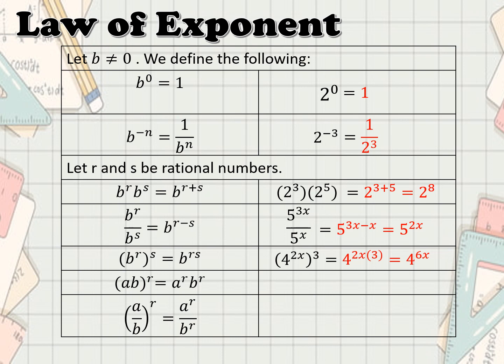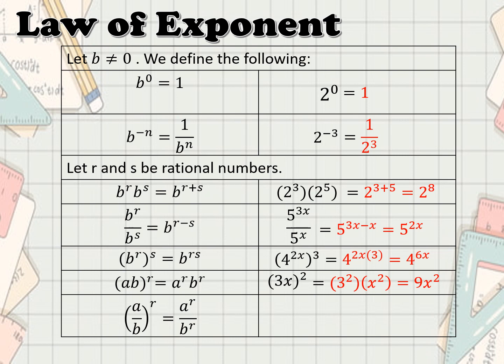Next is the power of product rule. For example, we have 3x raised to 2, or 3x squared. The 2 outside is distributed to whatever is inside. So, it becomes 3 squared times x squared, or equal to 9x squared.